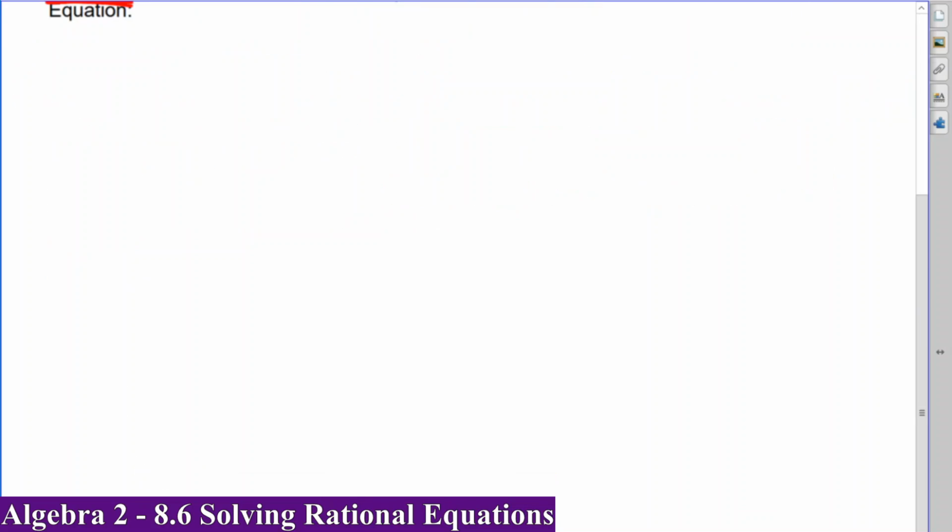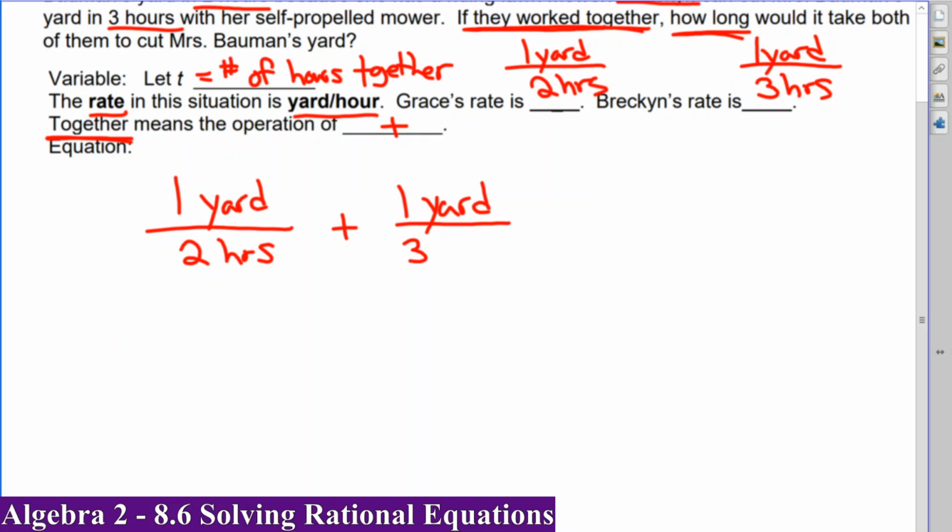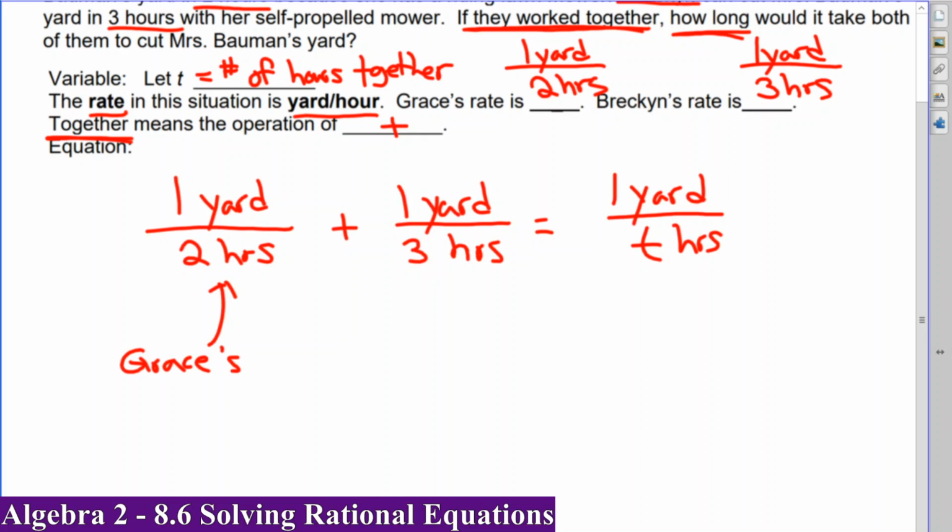I'm just going to rewrite below here. 1 yard over 2 hours, plus 1 yard over 3 hours has to equal that same yard over t hours. So what am I saying here? Remember, this is Grace's rate. We're adding it with Brecken's rate.